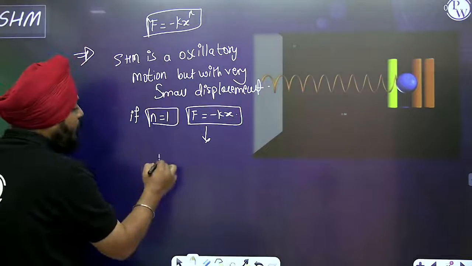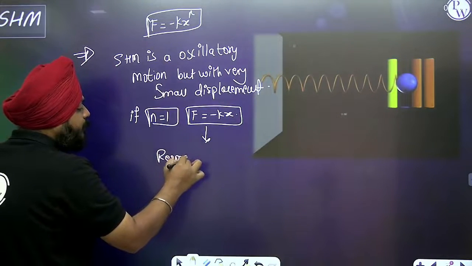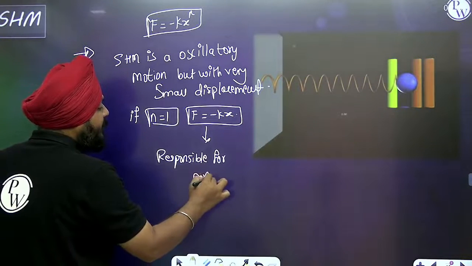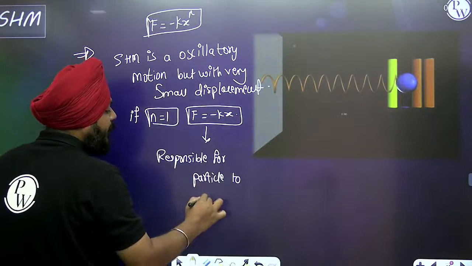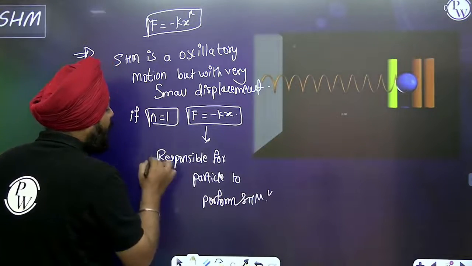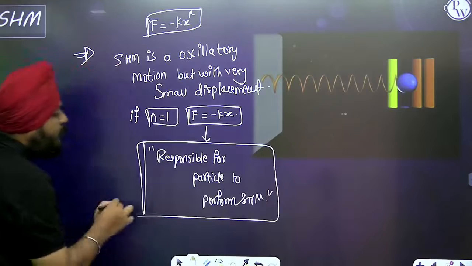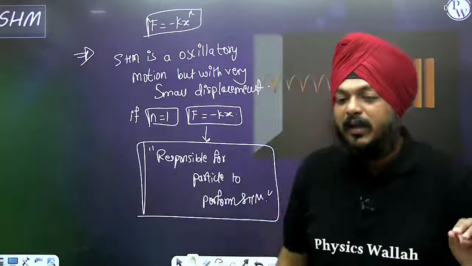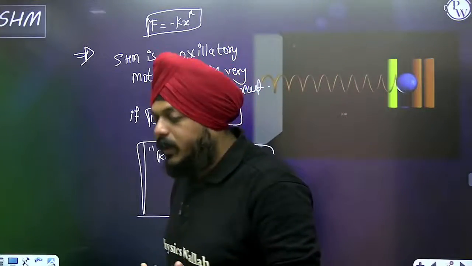How is this force responsible for a particle to perform SHM? We are going to see that. In another sense, SHM is also a simple to-and-fro motion at regular time intervals.